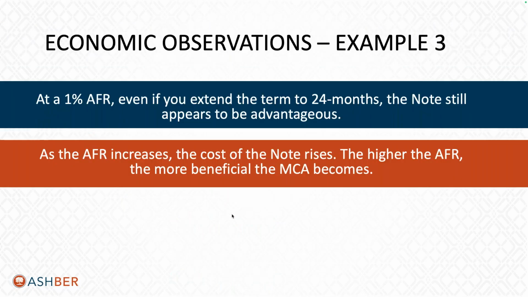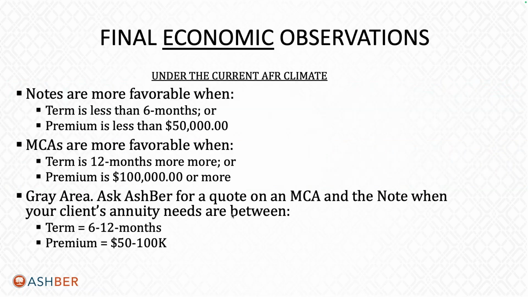Basically, as we saw in the presentation, the lower the AFR, the more advantageous the promissory note becomes. But as the AFR increases, the cost of the note rises, so the annuity becomes more beneficial in a higher rate market, which is currently what our AFR is. It's at a higher rate than it typically is right now.